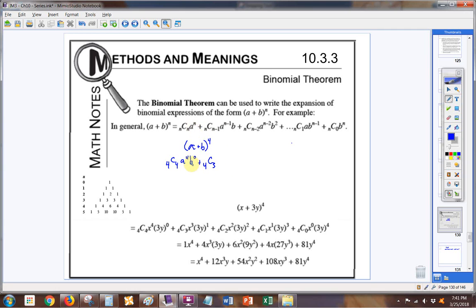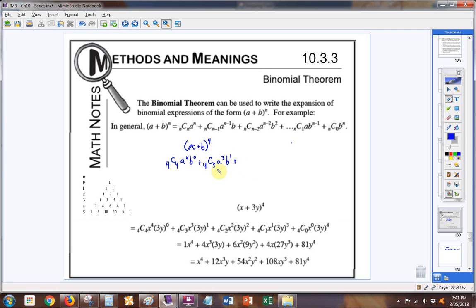Now the power on our a term is going to go down, and the power on our b term is going to go up. We're going to continue this expansion until our a term gets to 0 and our b term gets to 4. So this becomes a to the third, b to the first. Our a went from 4 to 3, and our b went from 0 to 1.